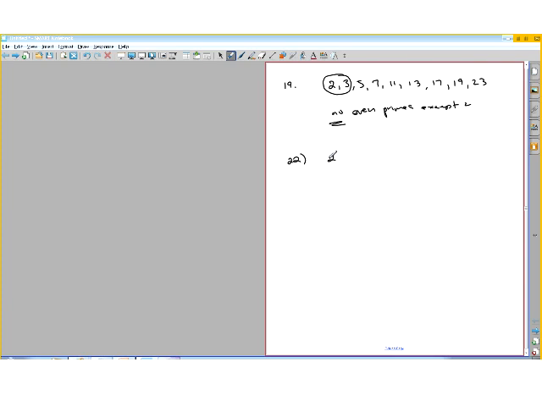Okay, so what's the test for 2? It says the number has to end in 0, 2, 4, 6, or 8, so it has to be an even number. The test for 4 says the last two digits form a number divisible by 4. For 8, the last three digits have to be divisible by 8.